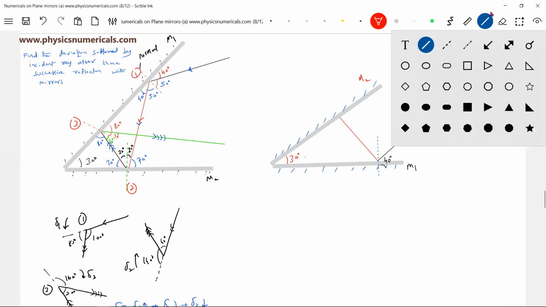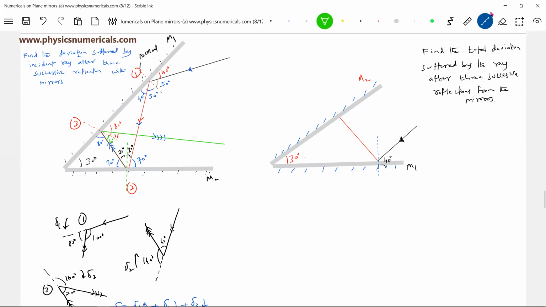So then we'll take the normal at this point. This is a normal. So what is the angle? So this angle is 40 degrees. The incident angle was 40 degrees. Sorry, this angle was 40 degrees. So this angle will be 40. What about this angle?